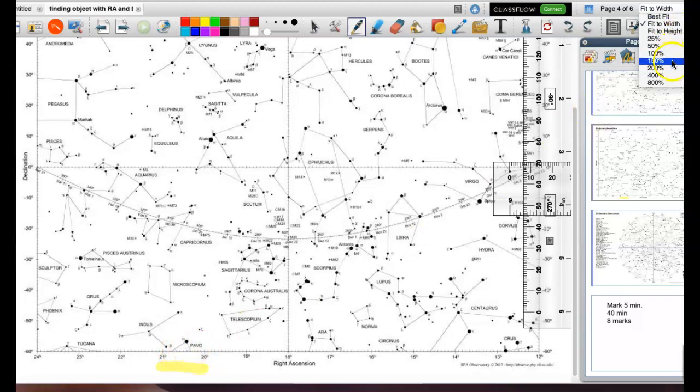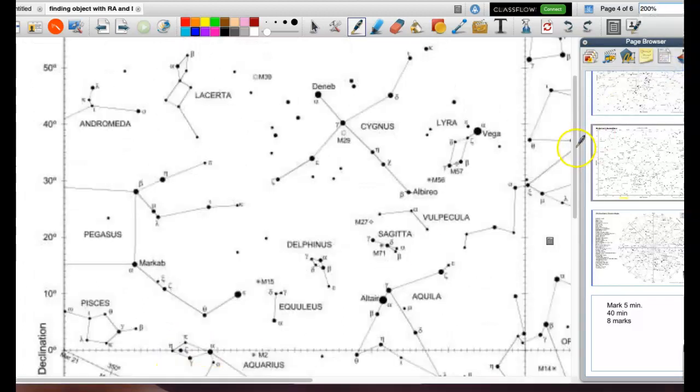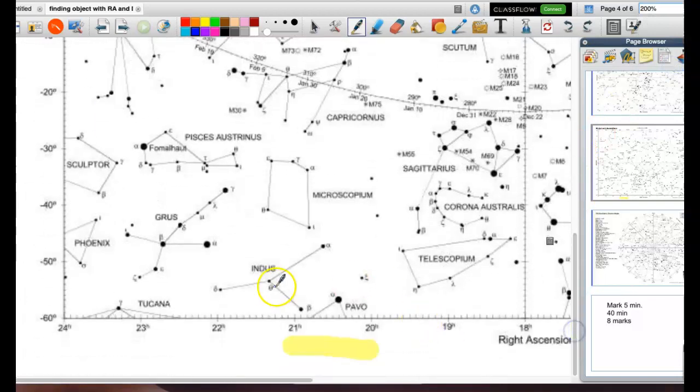So let's zoom in so we can see a little better. Here we go. So we need to go 1, 2, 3, 4, 5, 6, 7, 8. So right there is where we're going to need to either put our mark or use our ruler.